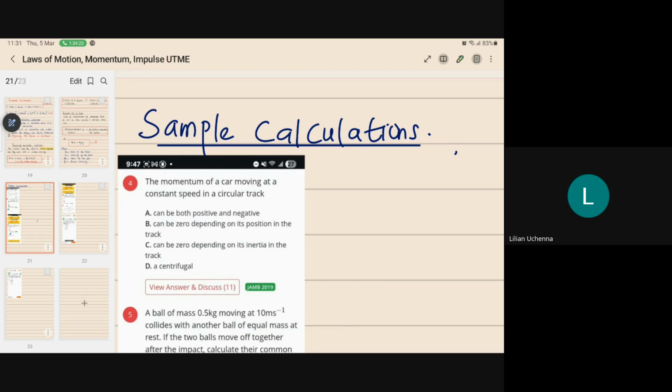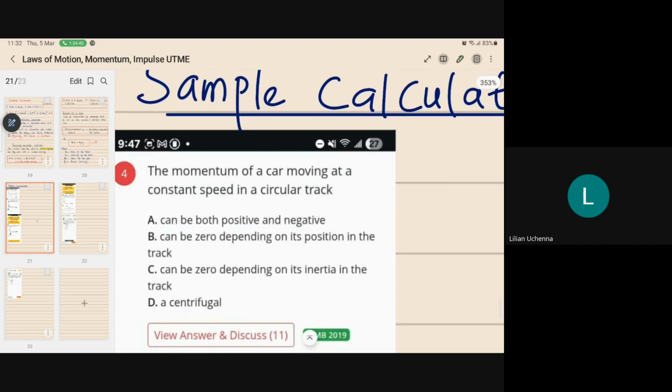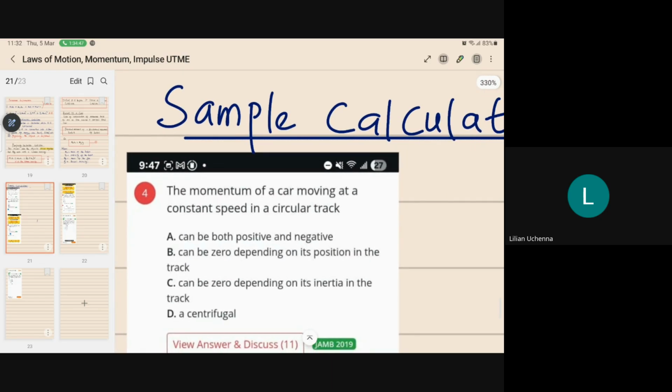What happens? Anybody? No, I'm talking about number 4. Look at the one I'm talking about. The momentum of a car moving at constant speed in a circular track. What happens to it in a circular track?